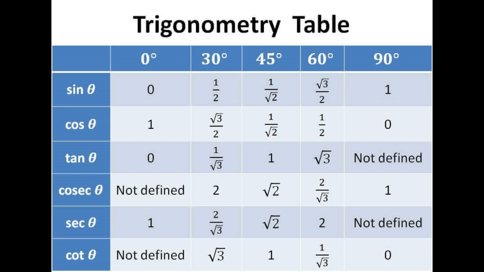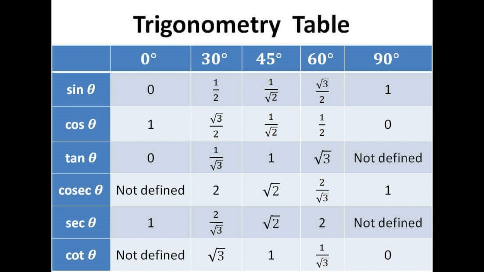I mean in trigonometry in class 10th we used the right angled triangle, which has a 90 degree angle, and in the trigonometrical functions table we have values from 0 to 90 degrees. As I said, we have 5 fingers, so we have 5 basic degrees, 0 to 90.